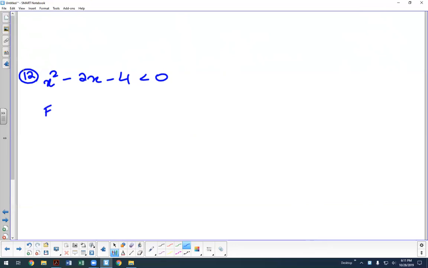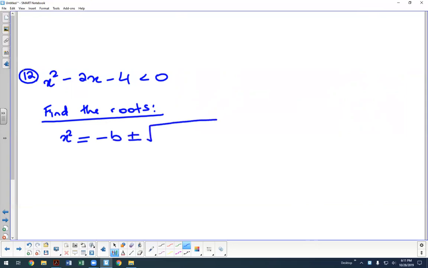So let's start with that. So that's -b plus or minus the square root of b squared minus 4ac, and the entire thing divided by 2a.